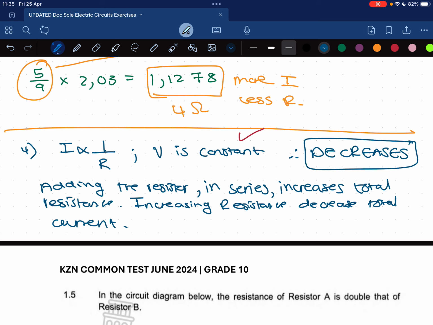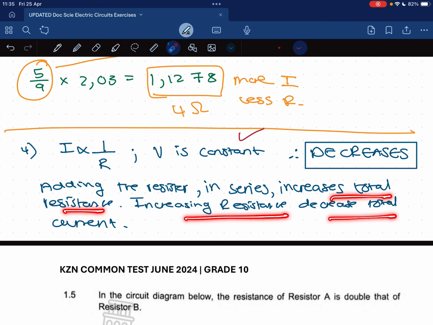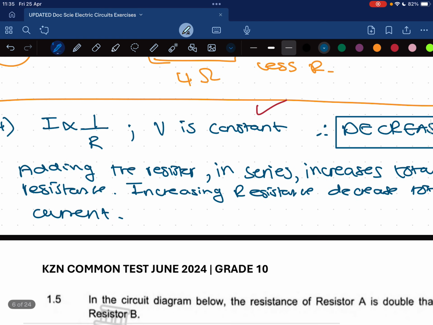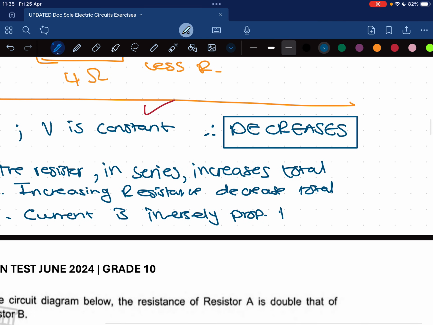And you already provided the reason. It's because I is inversely proportional to R, so adding the resistor in series increases the total resistance, and increasing the resistance will decrease the total current. Okay, so that is what you had to say. You can also go as far as to include that current is inversely proportional to resistance.